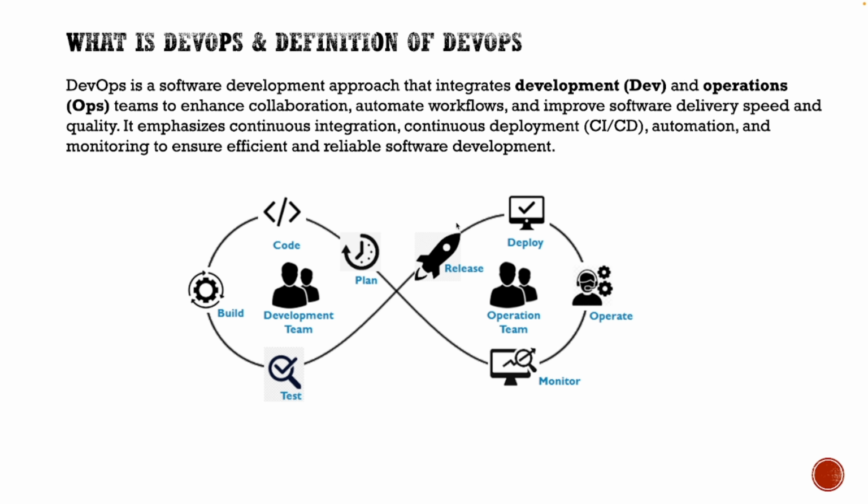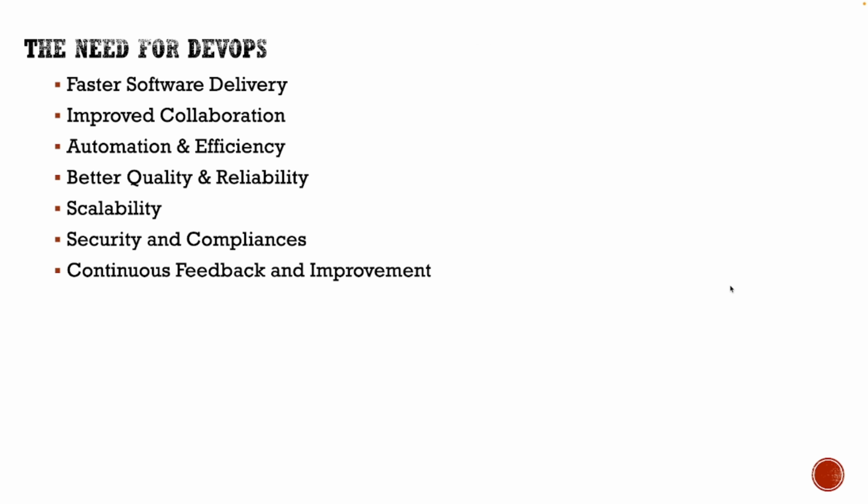This comes into continuous deployment and delivery. There are several phases that we implement in our continuous integration and continuous deployment workflows. So this is the faster software delivery, which we integrate with continuous integration and continuous deployment. The second point we are going to see is improved collaboration.